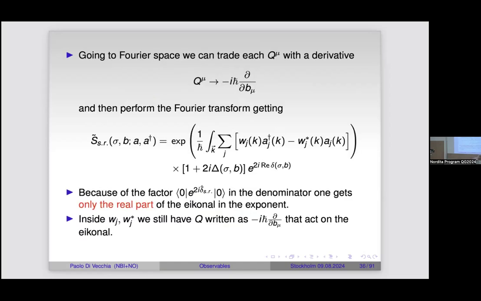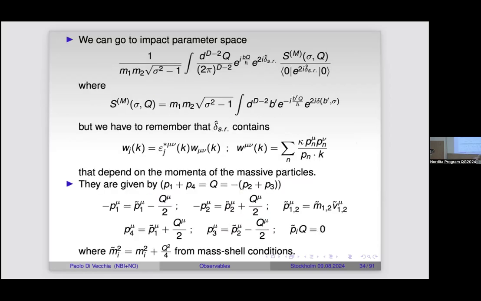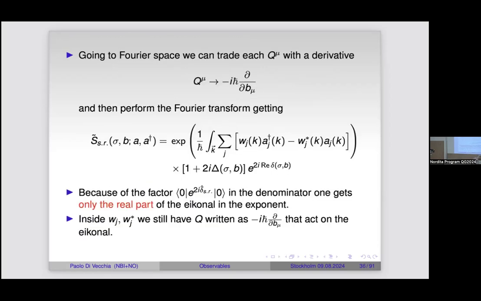Then you write it in terms of P1 tilde, P2 tilde and Q, and you go to impact parameter space by writing, instead of Q, the derivative with respect to b, and this derivative acts on the eikonal.